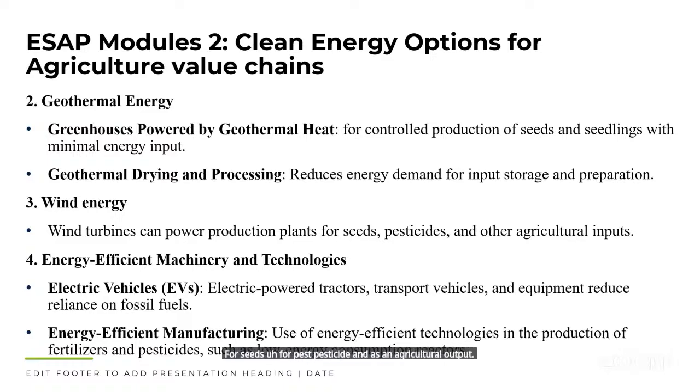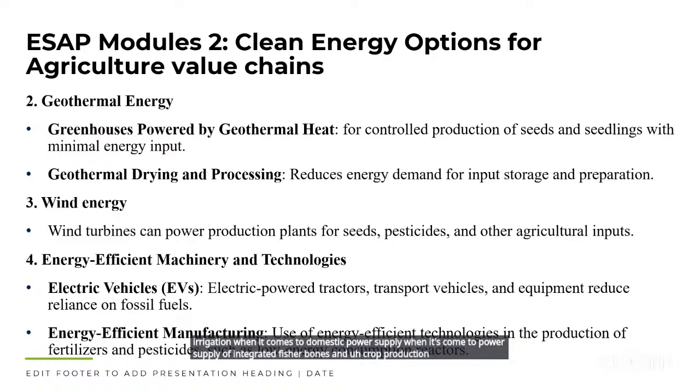So we can use wind energy in many ways, and other types of energy when it comes to irrigation, when it comes to domestic power supply, when it comes to power supply of integrated fish ponds and crop production.